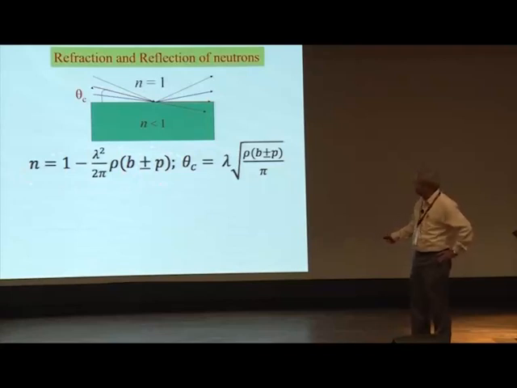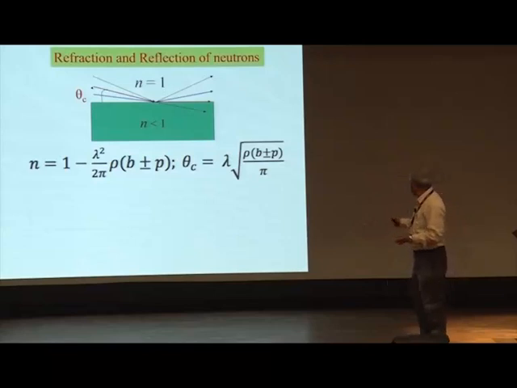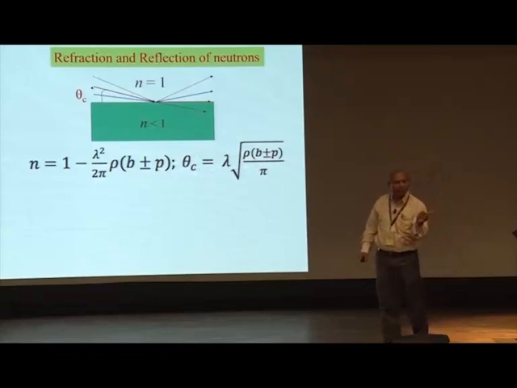So this is plus or minus depending on the magnetic moment of the neutron. If the magnetic moment of the neutron is aligned with the magnetic moment of the sample, then you have a plus; if they are opposite, then it's minus. So the refractive index changes. Similarly, the critical angle also changes depending on the polarization of the neutron beam.